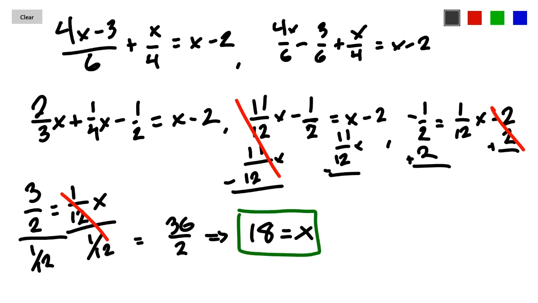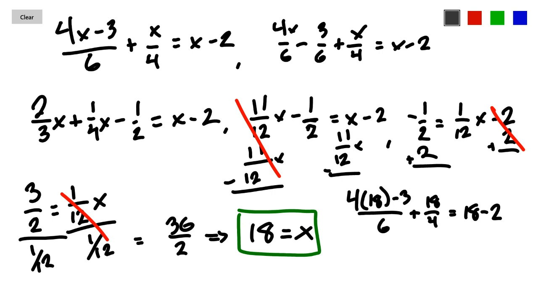And if I plug 18 into the original equation, look what happens. So I've got 4 times 18 minus 3 over 6 plus 18 over 4 is equal to 18 minus 2. So 4 times 18, that's 72. 72 minus 3 is 69.